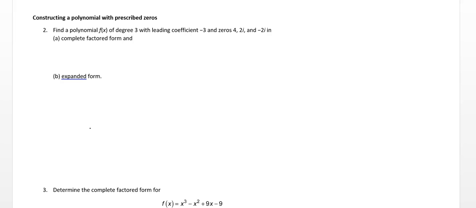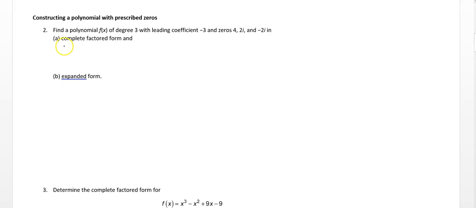So for this example, we have a polynomial f of x of degree 3, with a leading coefficient of -3 and zeros 4, 2i and -2i. Notice that there are 3 distinct zeros. One is real and 2 are imaginary.